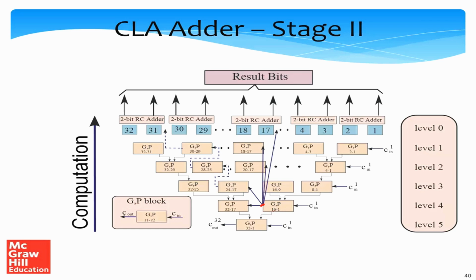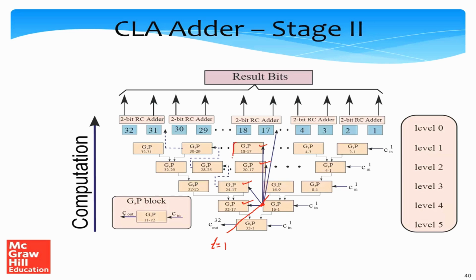For this particular block, since we know the carry out after the 16th bit pair, it can be connected to all the other GP blocks which start from the 17th bit pair. For example, this one, this one, this one and this one. So at t equal to 1, when the carry out of this block is available, it can immediately be sent to the rest of these 4 blocks.